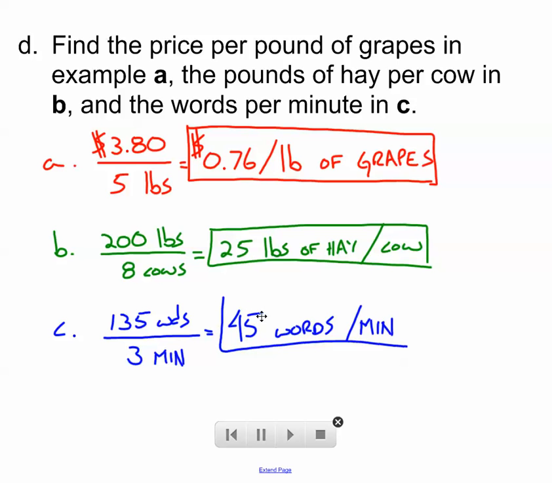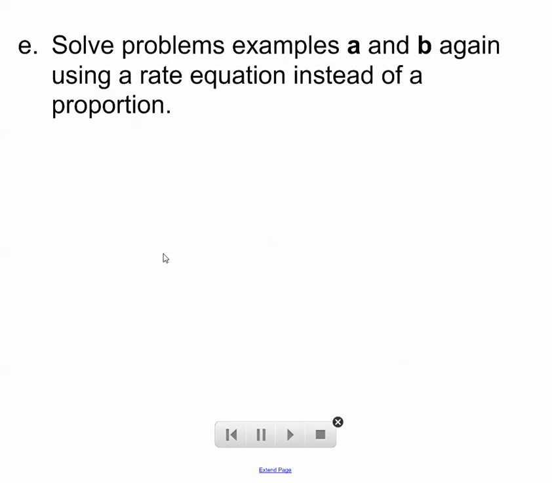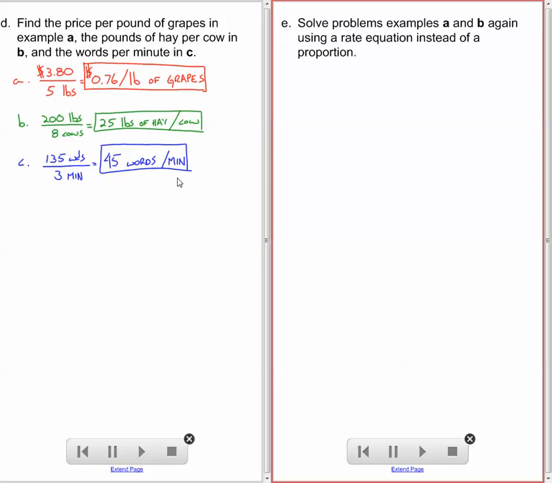Okay, so we just found 3 rates, or unit rates actually, per 1 pound, per 1 cow, per 1 minute. Those are called unit rates when you find per 1. And now we're going to use those here on E. Solve problems in examples A and B, again, using a rate equation instead of proportion. So I'm going to open up both pages here. In A, it was 76 cents per pound of grapes, and we were trying to figure out what 9 pounds cost.